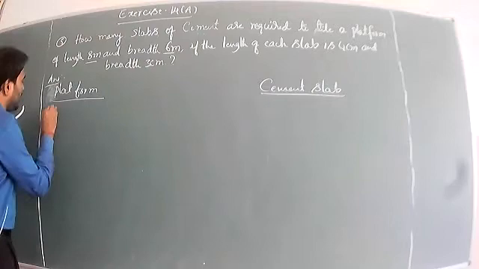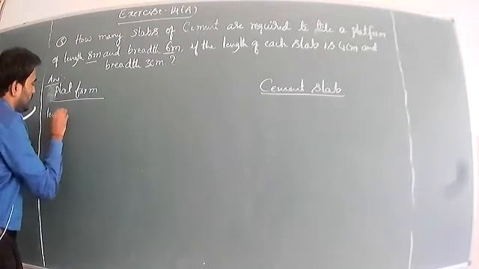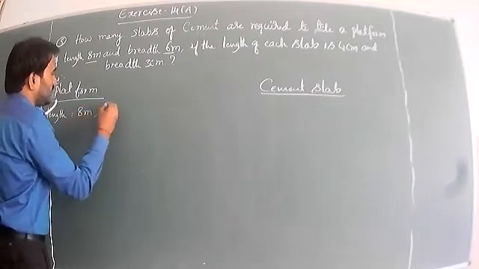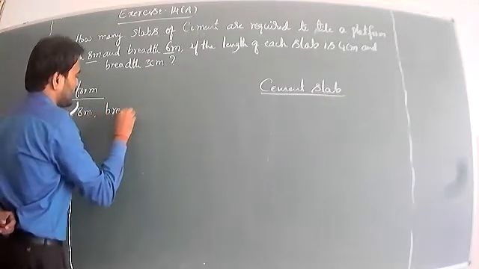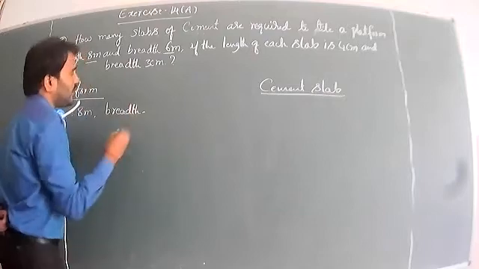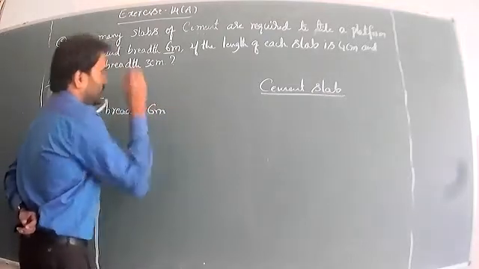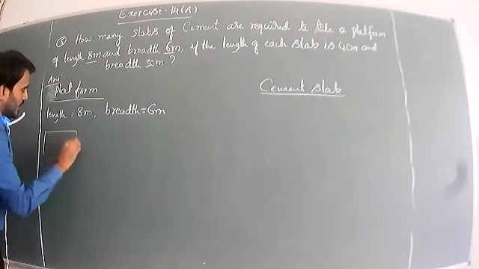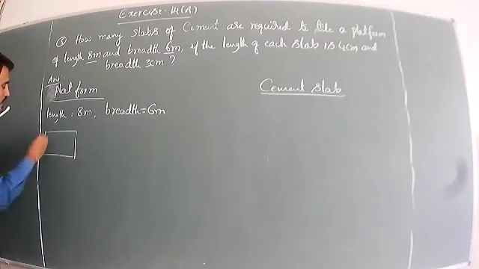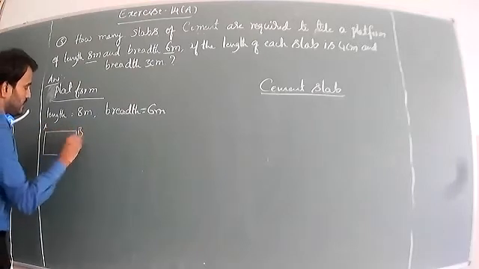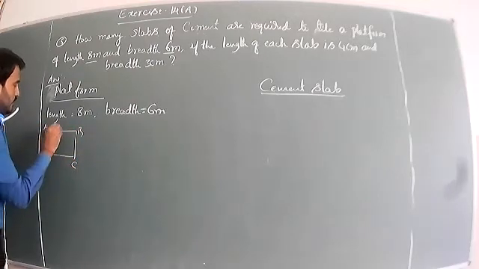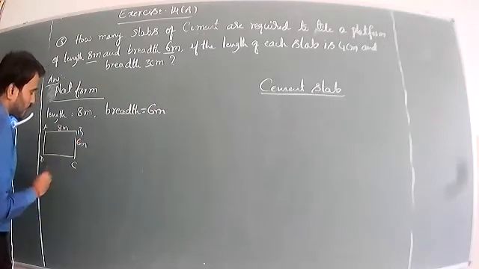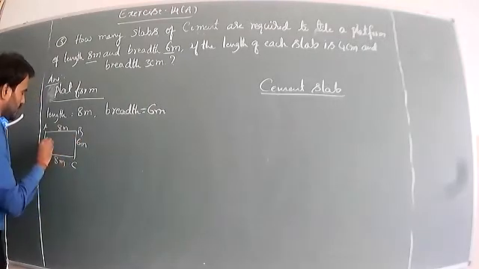The length of the platform is 8 meter, this is given. The breadth of the platform is 6 meter. It is a rectangle shape, A, B, C, D, with 8 meter and 6 meter, and opposite sides are also equal.